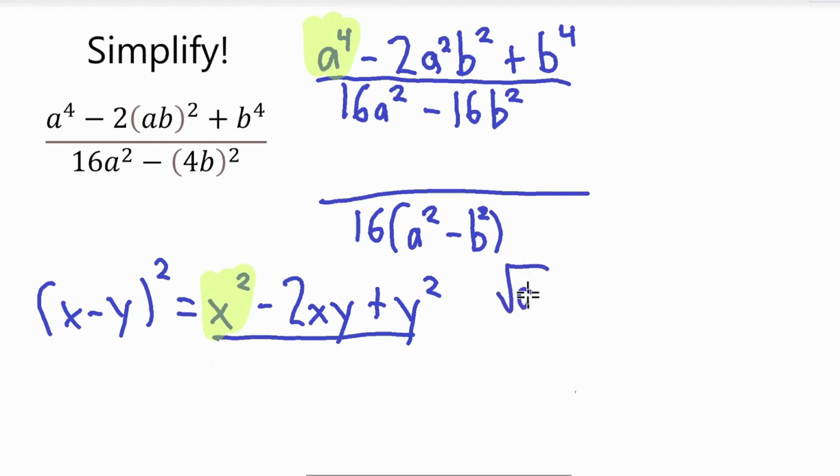So square root of a to the power of 4, what is that? So what value by itself multiplied by itself is equal to a to the power of 4? Well, remember how multiplying with exponents works.